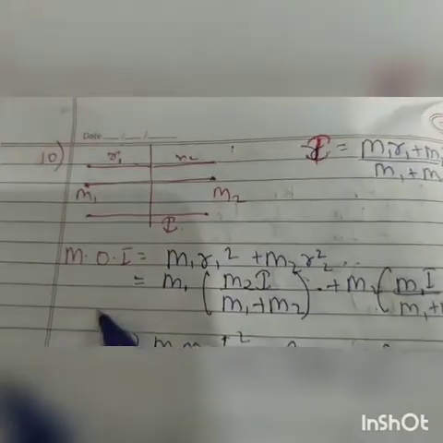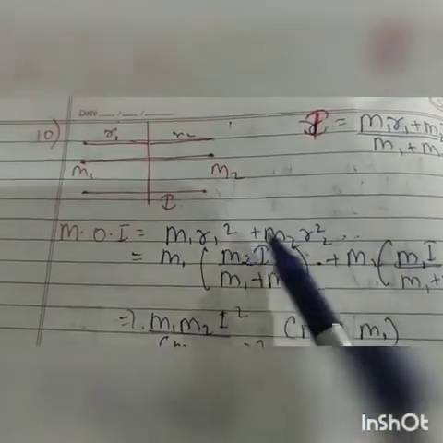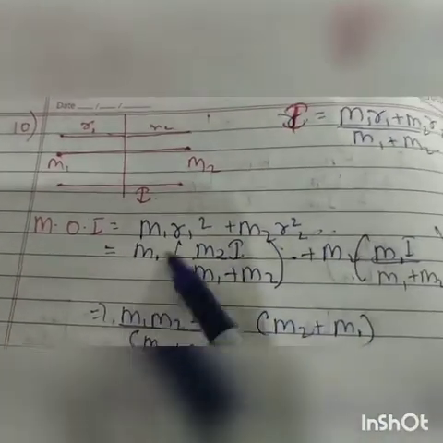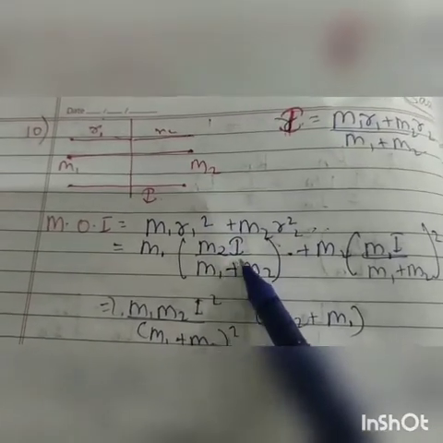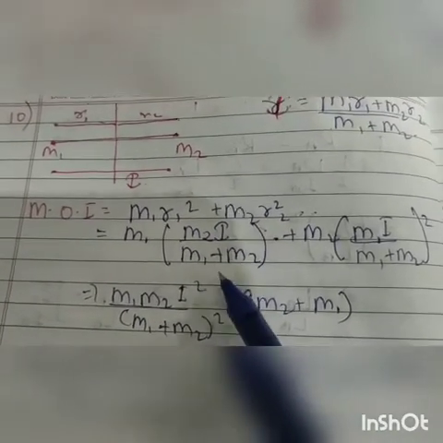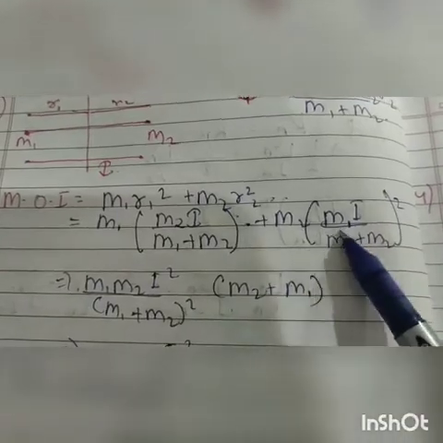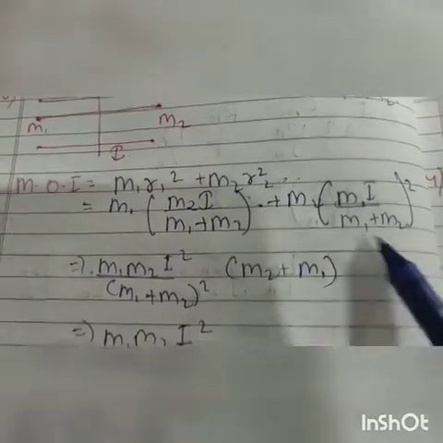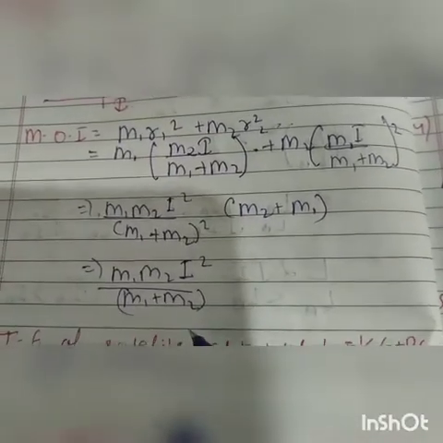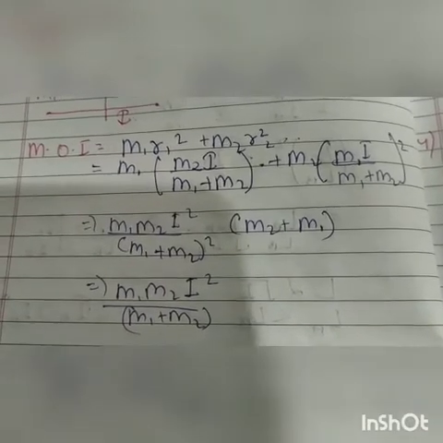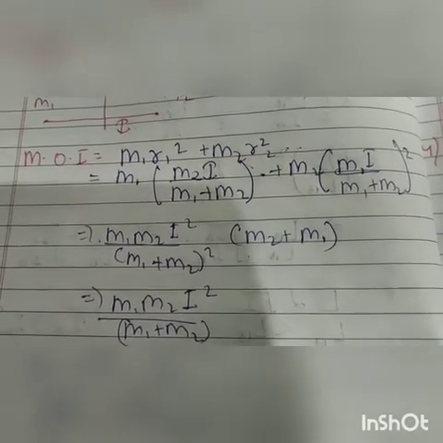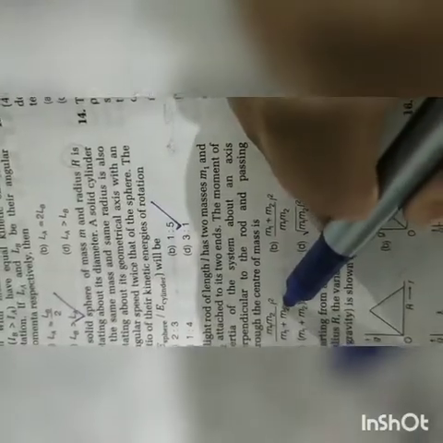Moment of inertia here is m1 r1 square plus m2 r2 square. In place of r we will put the values m2 l by (m1 plus m2), and here also m1 l by (m1 plus m2). After that we get the value m1 m2 l square by (m1 plus m2). So this is our correct option.